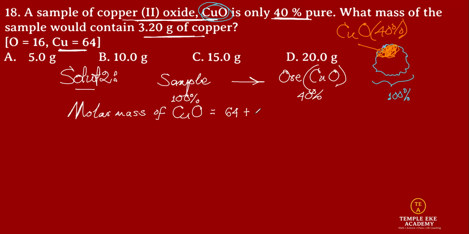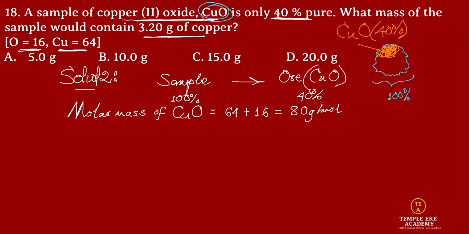Plus, that of oxygen is also provided, 16. By adding this together, we have 80 gram per mole. Now, there is this relationship between the molar mass of the whole compound and the individual masses of the constituent elements. So we can set up a proportional relationship here.